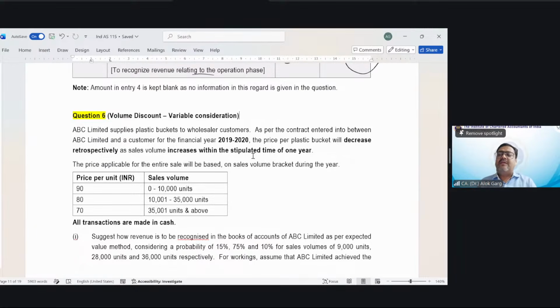Typically speaking, it is a variable consideration. Why? Because this consideration is not fixed. It depends on achieving that volume, and you will receive the discount. So it is contingent upon the happening of some future event, and hence it is a volume discount.